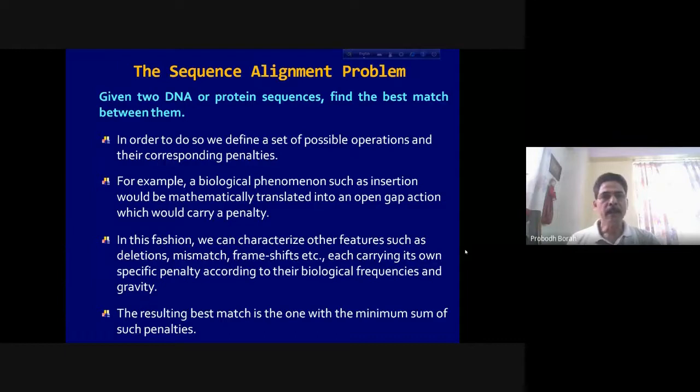Now, this can probably happen at any point of time in the evolutionary process. Of course, point mutations normally occur with more frequency compared to frame-shift mutations.